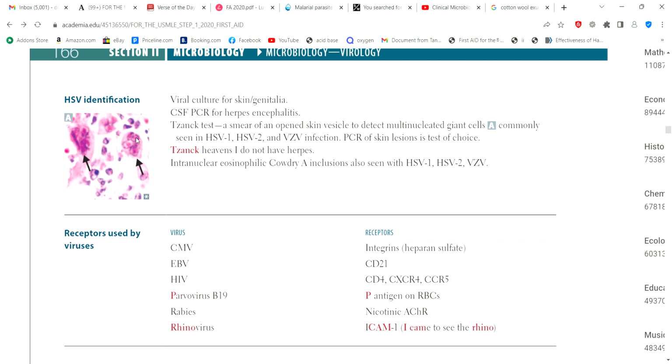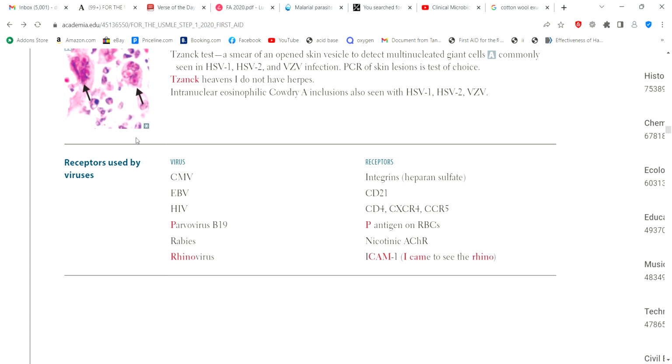This is in HSV1, HSV2, as well as varicella zoster virus. But now they do PCR. Also, intranuclear eosinophilic Cowdry A inclusions are the inclusion bodies seen in HSV1, 2, and varicella zoster virus.